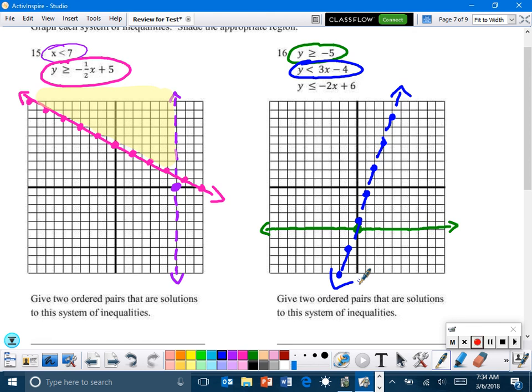I need one more. Y-intercept is 6. Slope is negative 2. And it is solid.